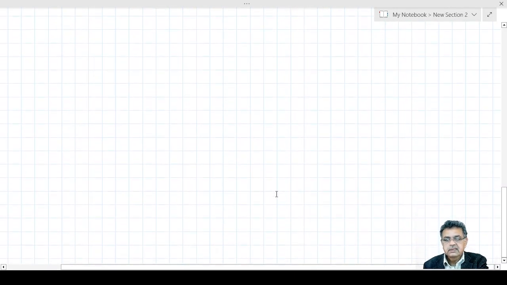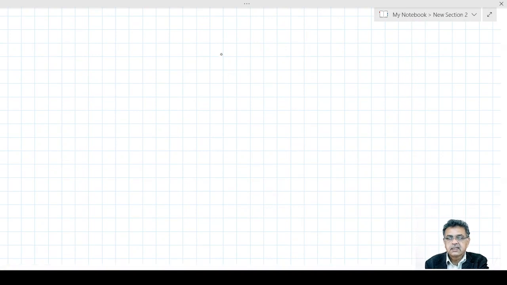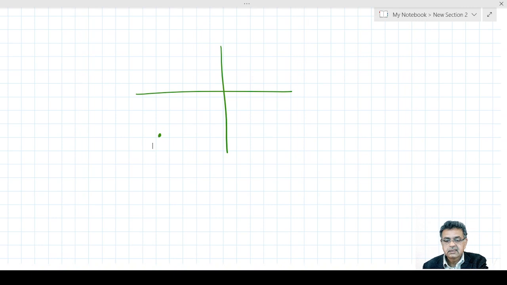Okay, if we consider any other point in the third quadrant, if a point is here, keep in mind that we are just discussing sine and cos. We will consider tangent later on.